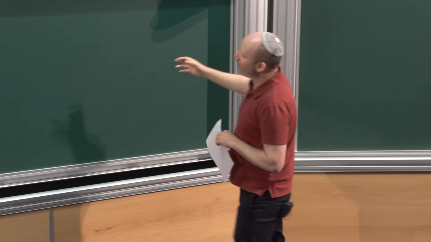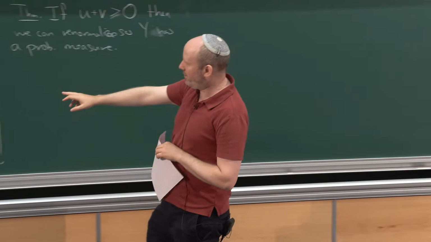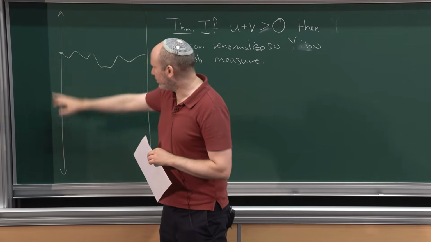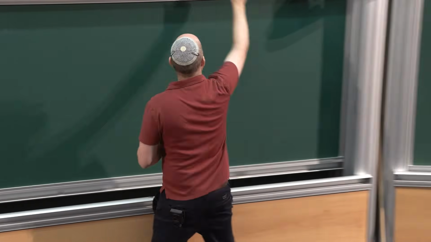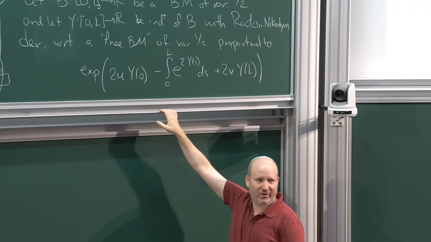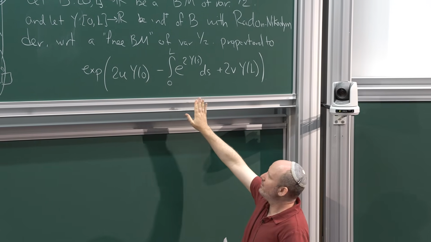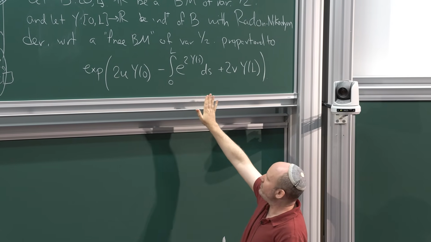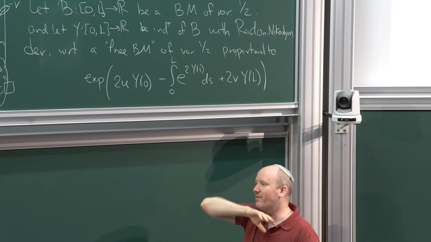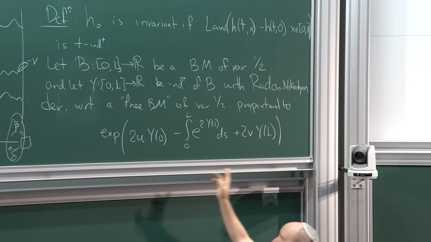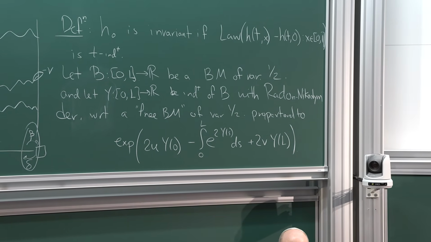So here what we're doing is we're taking an infinite measure, which is Lebesgue cross Brownian, and we're reweighting it according to some density. Now the claim that's first being made is that if I choose u and v such that the sum is strictly positive, then if I integrate this density over that infinite measure, I get something finite.